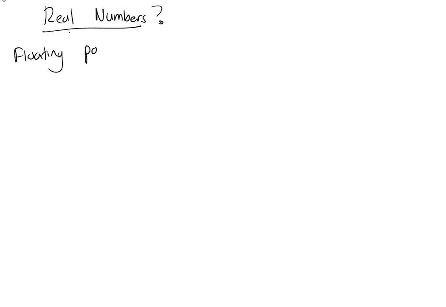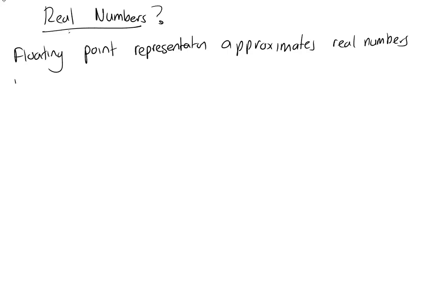So now we're going to talk about how we represent real numbers. How do you represent real numbers? Well, it turns out that we use something called floating point representation.